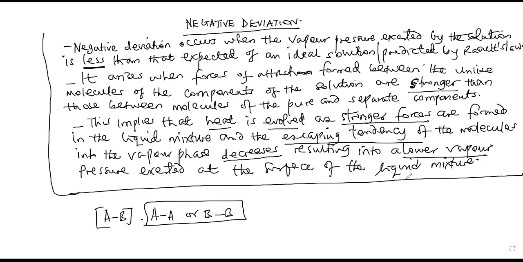That's why for negative deviation, the vapor pressure of the solution is less than that predicted by Raoult's law. Now let's look at the properties of the liquids that deviate negatively from Raoult's law, which are still the opposite of the others.